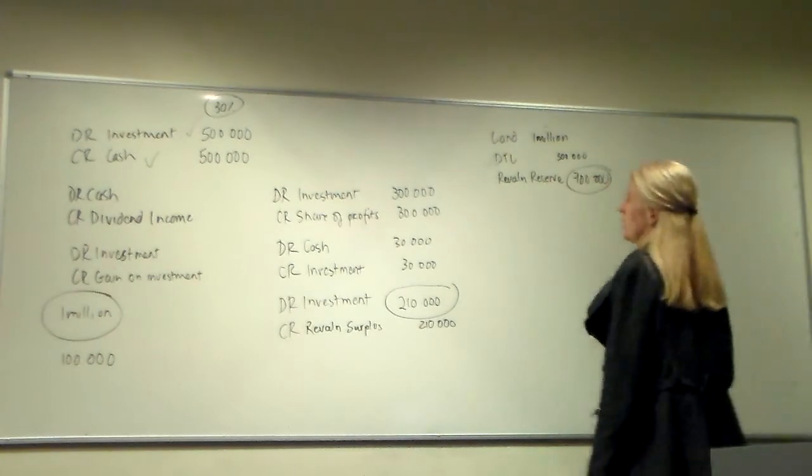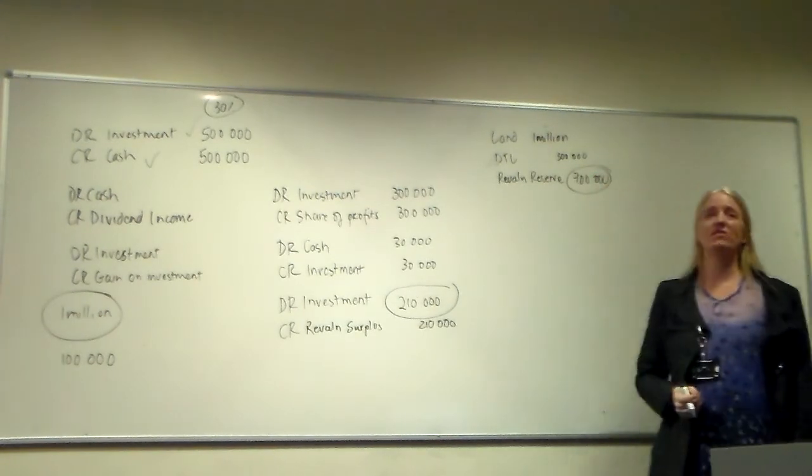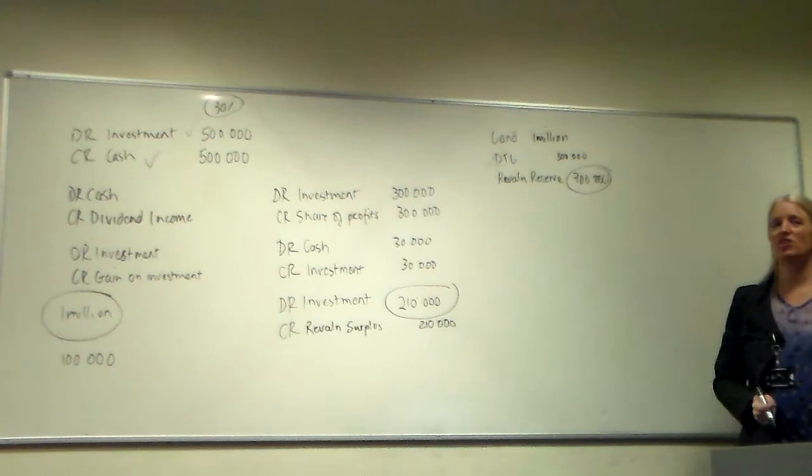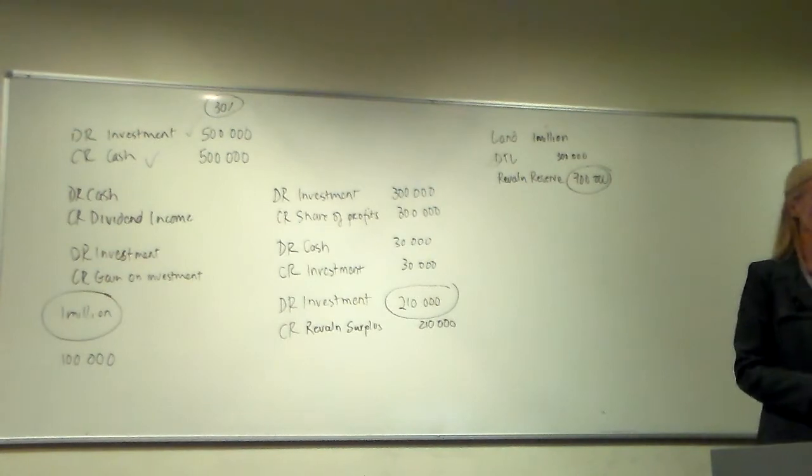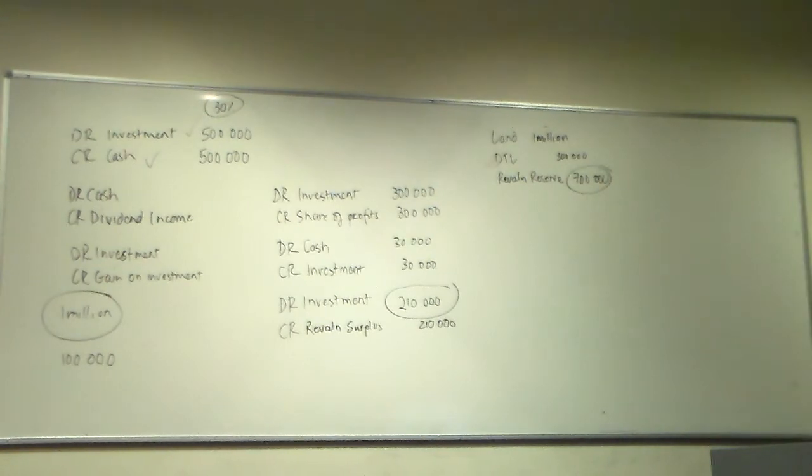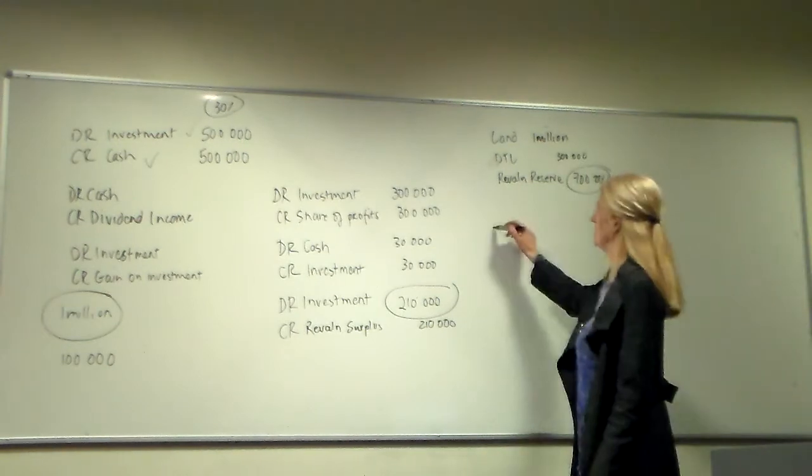Okay. And basically what I could say to you is, what's the value of the investment in your balance sheet at the end of the year? Current year, what's the value of the investment? You should be able to tell me that quite easily by just drawing up a T account. 300 debit.